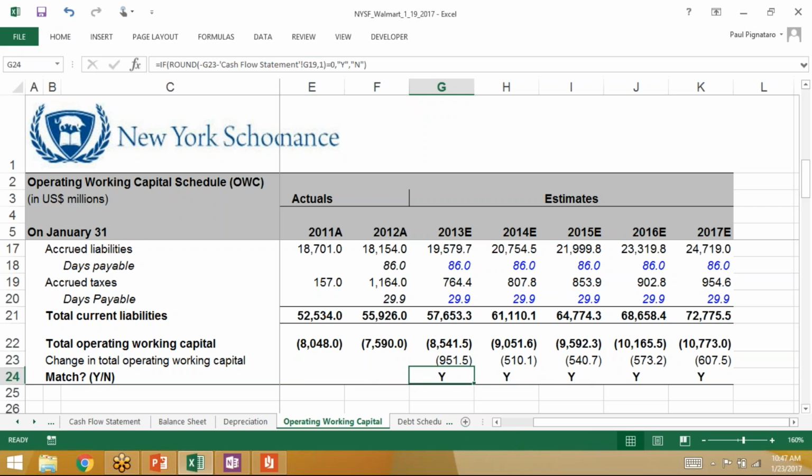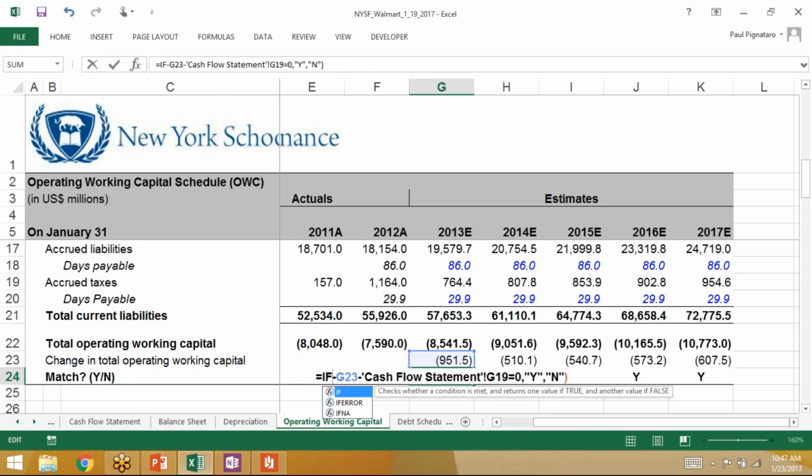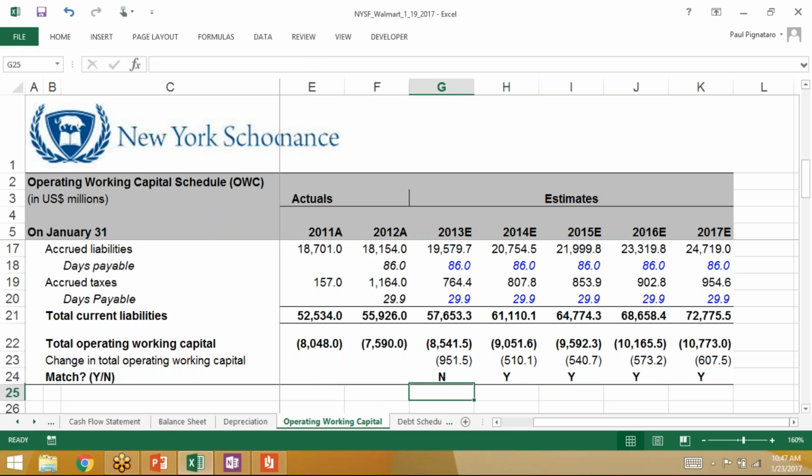The round function is supposed to round. Well, let's do it without the round first and then I'll explain what it means. Oh, we need the round, huh? Hang on a second, let me look at that.